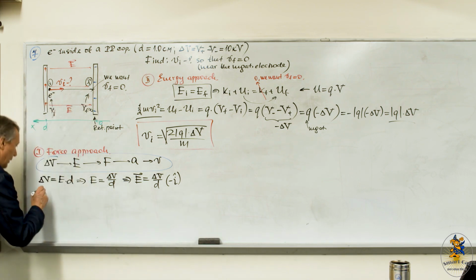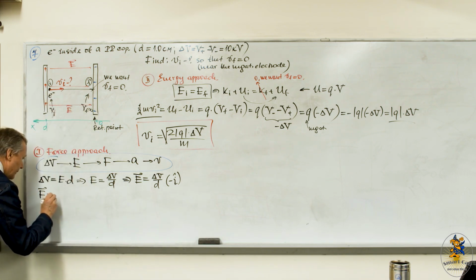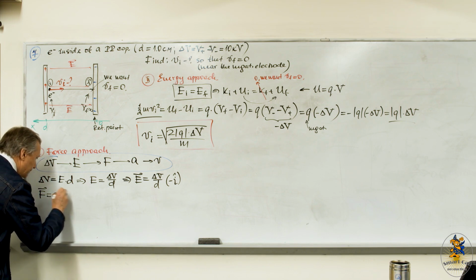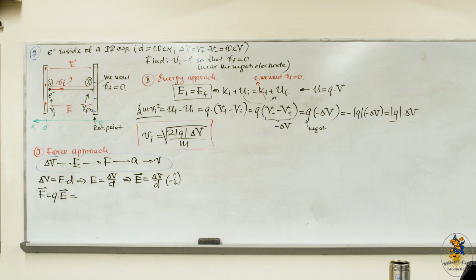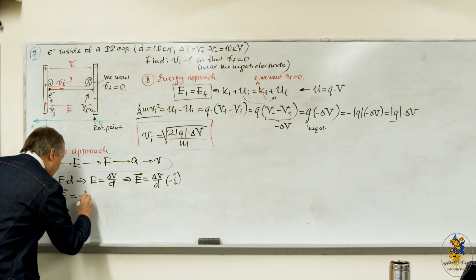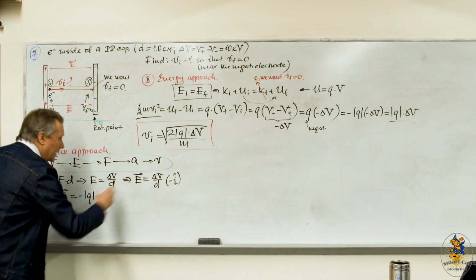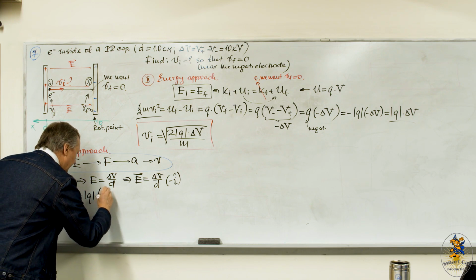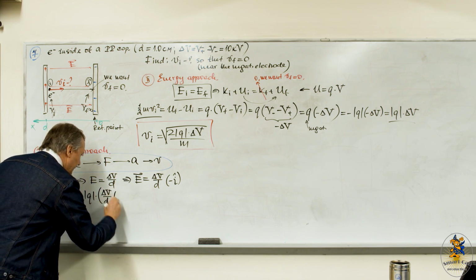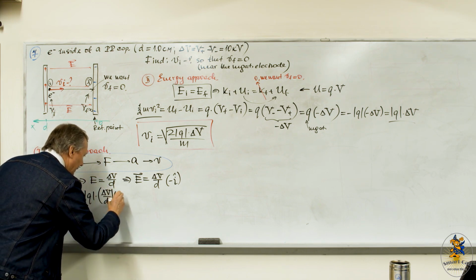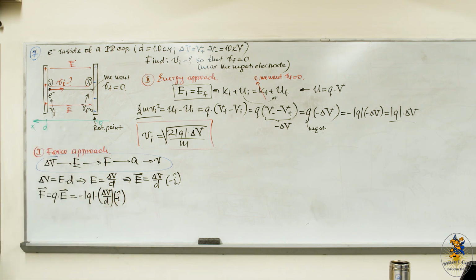And now force, electric force, Q times E. We're dealing with electron, which is a negatively charged particle, so it's a minus Q. And our electric field is also negative, so it's delta V over D in the minus i hat direction. Two minuses.